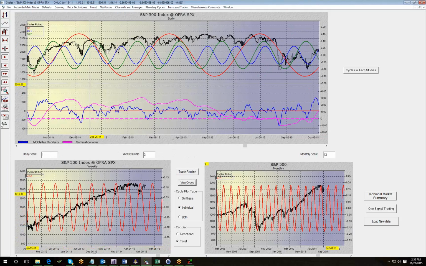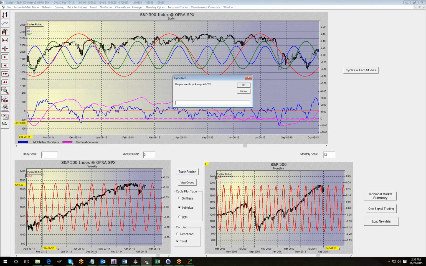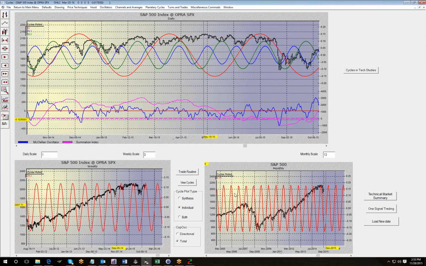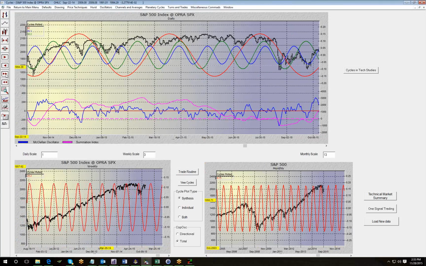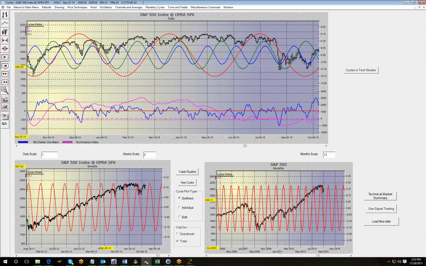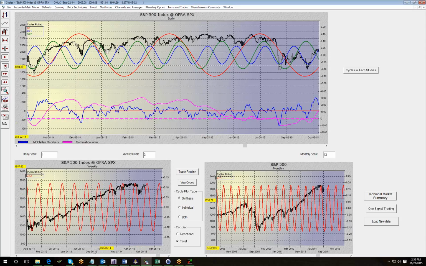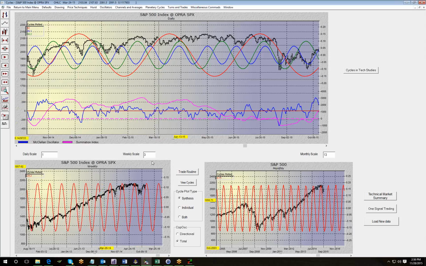This is a little bit off, so I'm going to adjust. This, I think, is the right phasing of it.